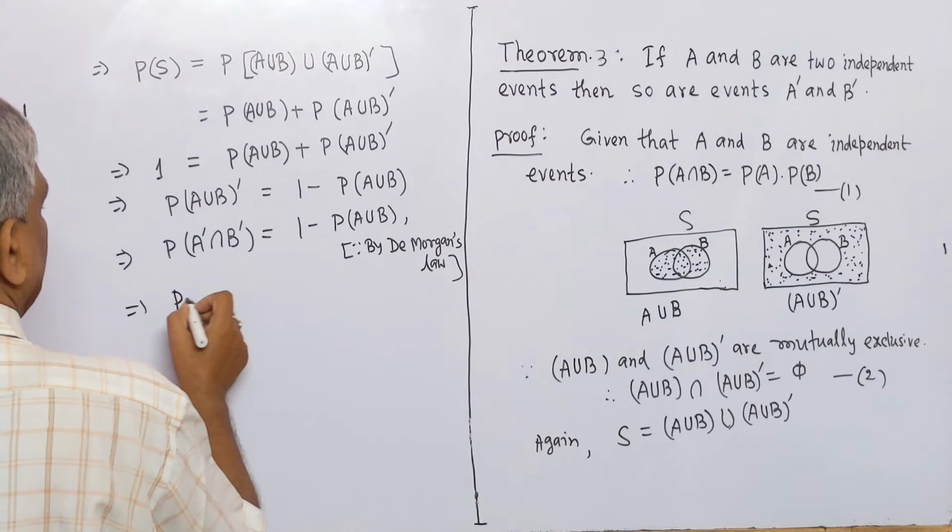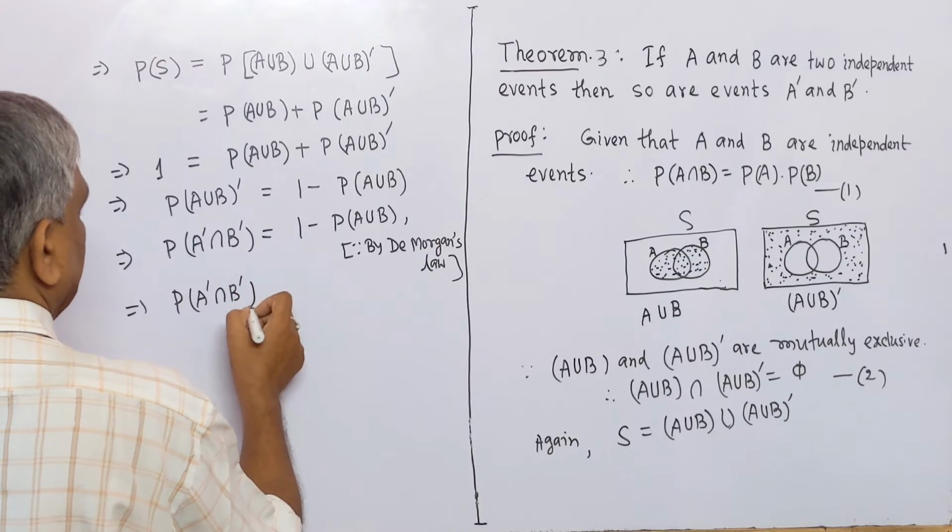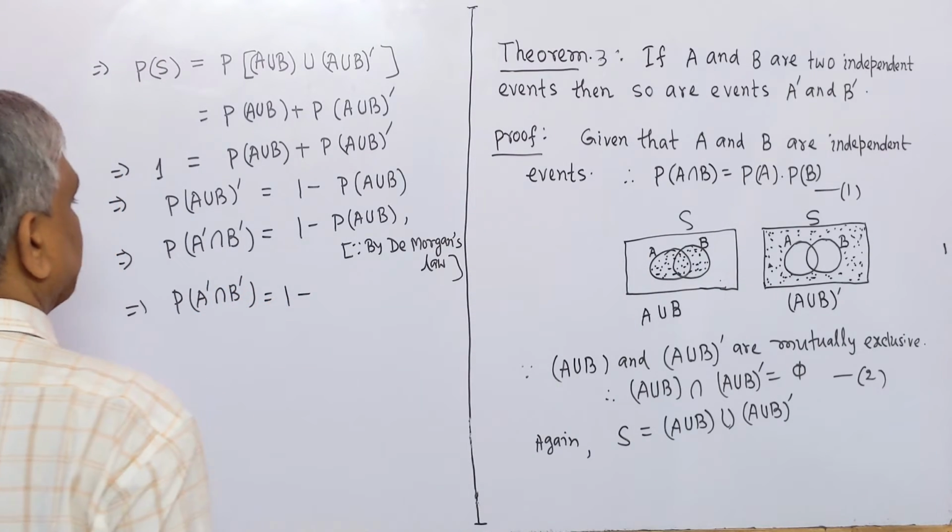Implies that P of complement of A intersect complement of B equal to 1 minus P of A union B.